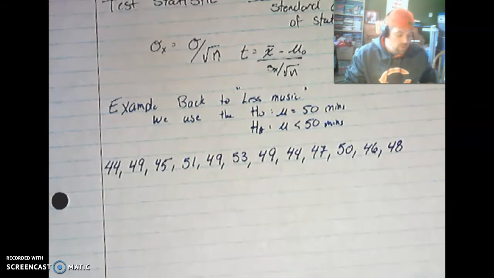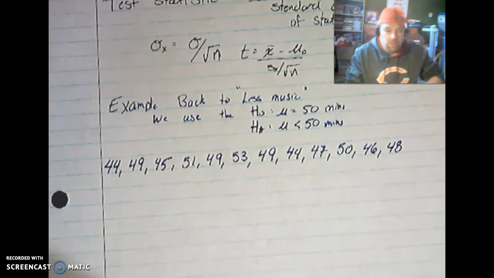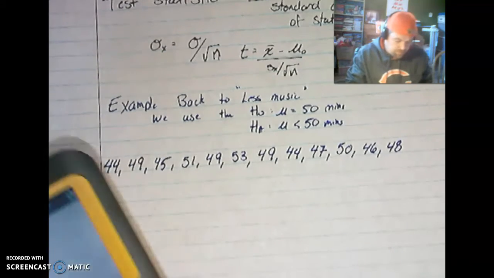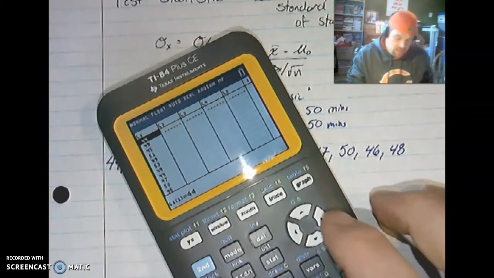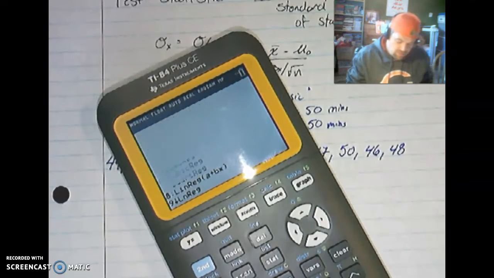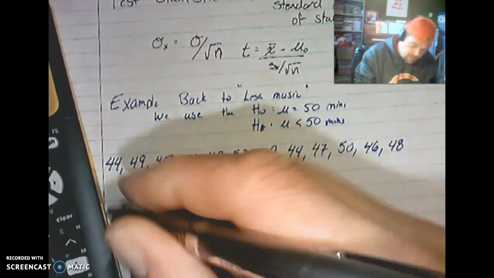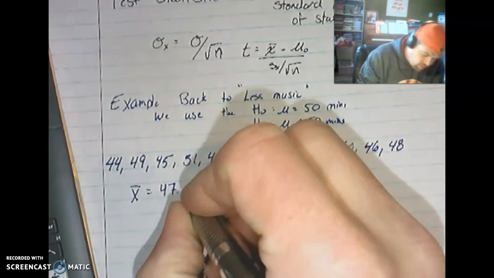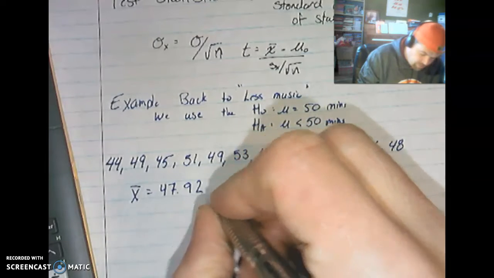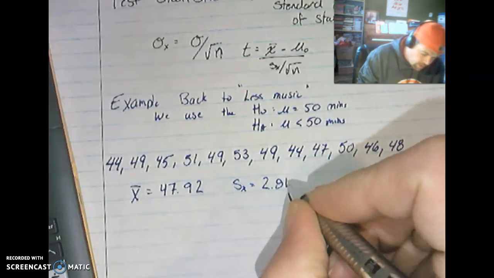I wrote the numbers down again in my list, and I'm going to go to my one var stats. My x bar is 47.92, and my s of x is equal to 2.81.